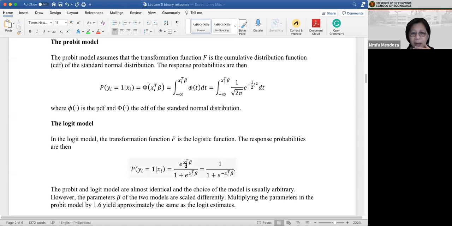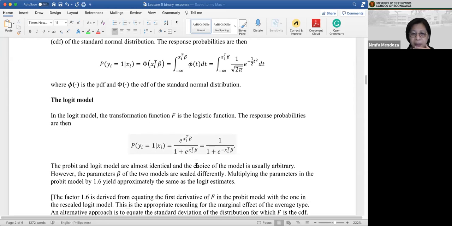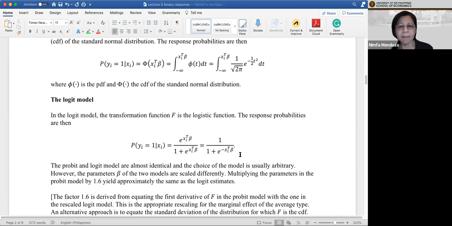Then if you divide the numerator and denominator by e to the x sub i transpose beta, you get 1 divided by 1 plus e to the minus x sub i transpose beta.